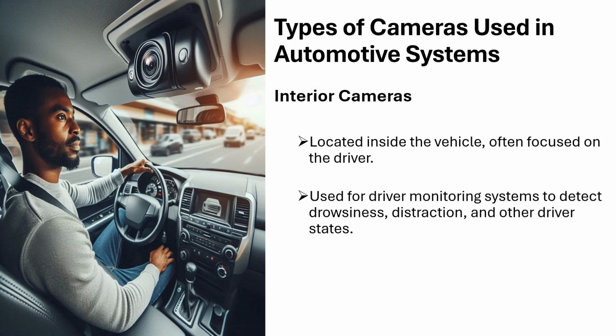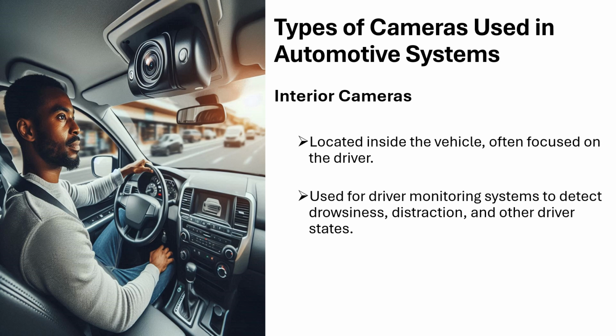And interior cameras are located inside the vehicle, often focused on the driver, and are used to monitor the driver to detect drowsiness, distraction, and other driver states. This internal camera looks just at the driver. It looks at his eyes to see if they are open or closed, and how the driver is moving, or whether he is not moving.